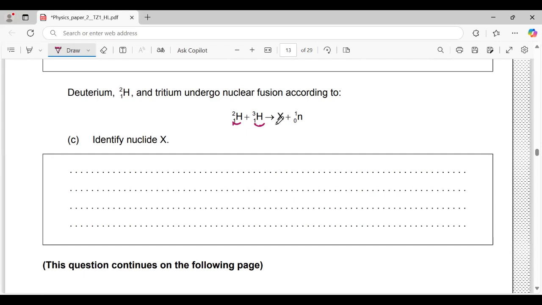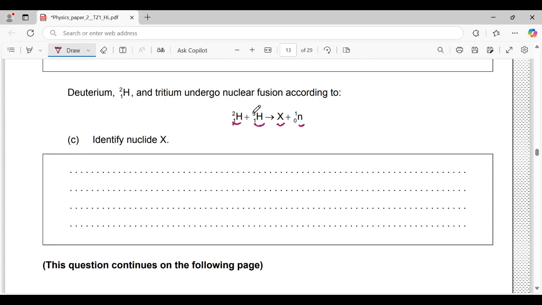And this is the unknown nuclide, and this one, neutron. On the left side, the atomic number is 1 from deuterium and 1 from tritium. So there are two atomic numbers.